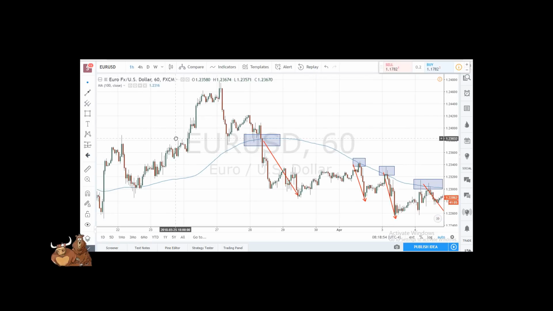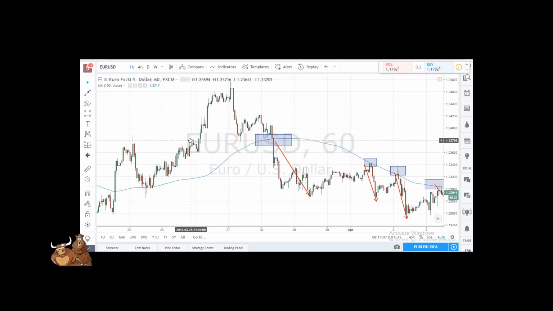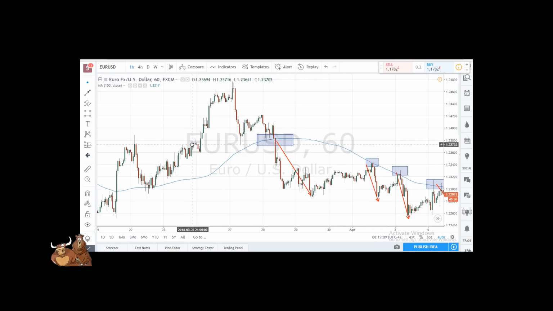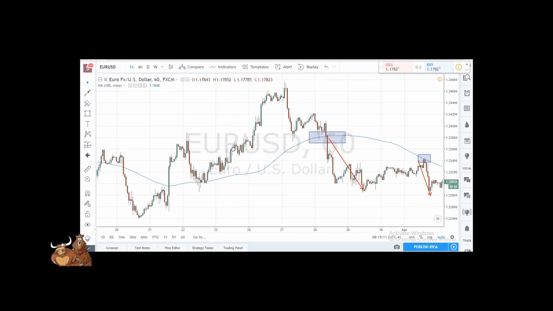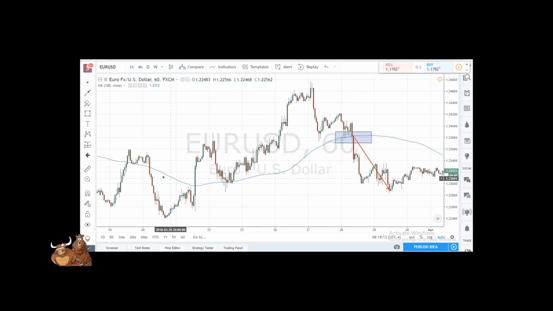We use the moving average to help cut down the amount of noise and to make sure that our charts are clearer and we have a clearer picture of what is actually going on. So the price usually, this blue line, which is the 100 moving average, is either a support or a resistance.